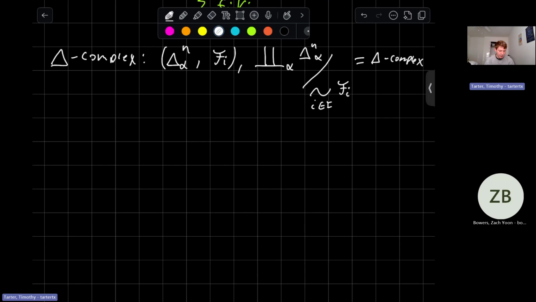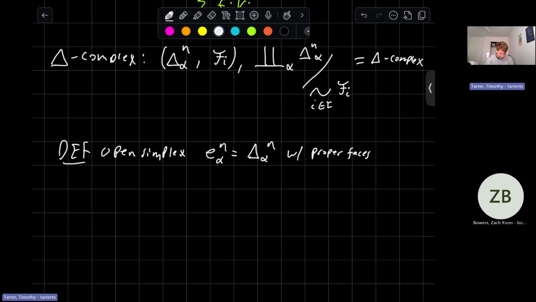Each such open simplex of dimension n, so okay, definition for the first time and forever, an open simplex E alpha n is Delta alpha n with proper faces deleted.